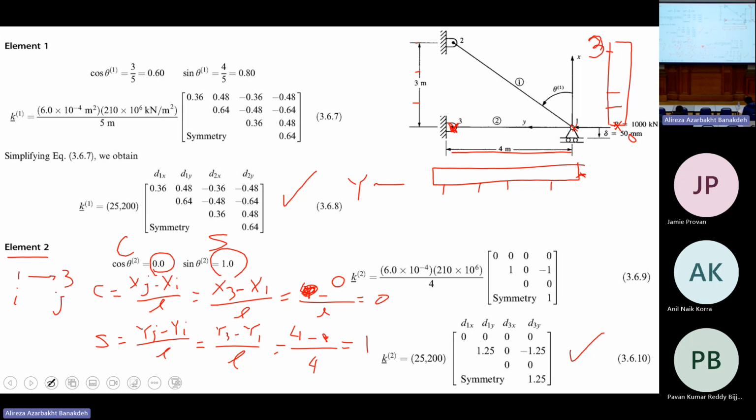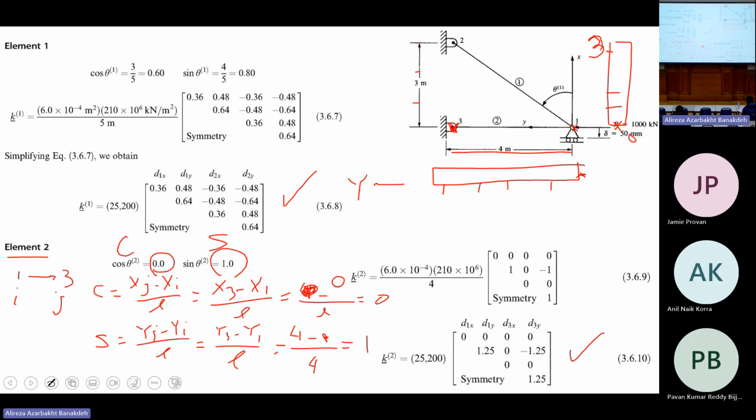I just did the same thing for element number 2 as I did for element number 1, right? So you repeat this process for all the elements you have in your structure. All right? So we have 2 elements. Okay, we have 2 matrices, 4x4 each.